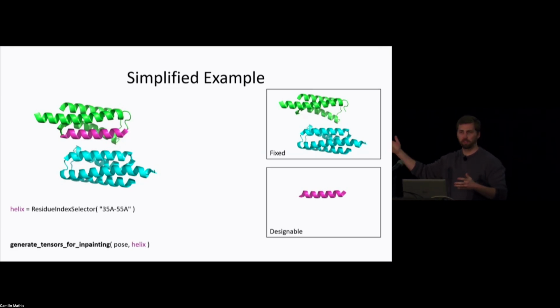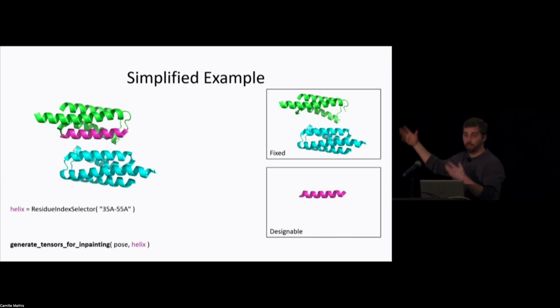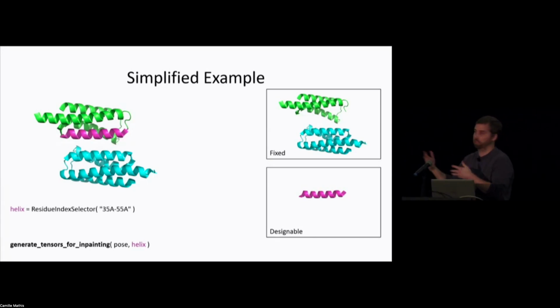The code itself isn't character by character important here. So 35A to 55A, the residue index selector selects the magenta selection. And then on the right, I'm just going to show what happens in the code, but visually. So the fixed residues are correctly identified as everything except that helix, and then the designable is the negation of that, so it's just the helix.